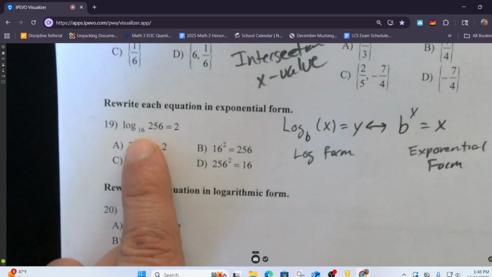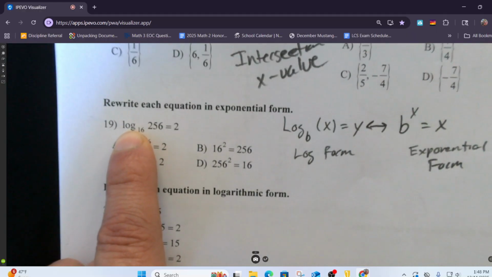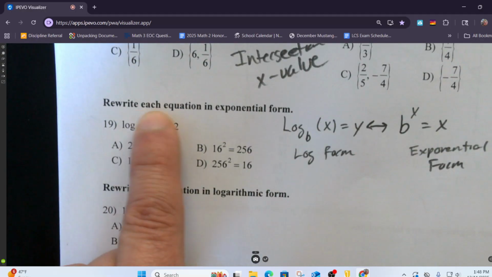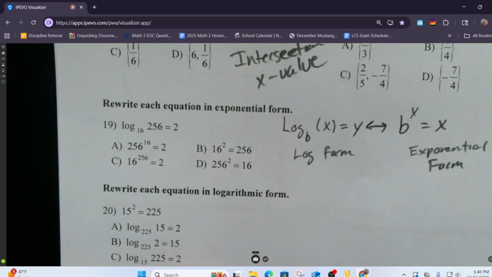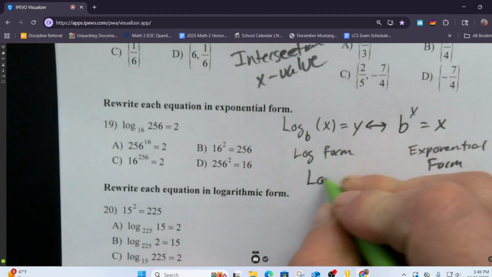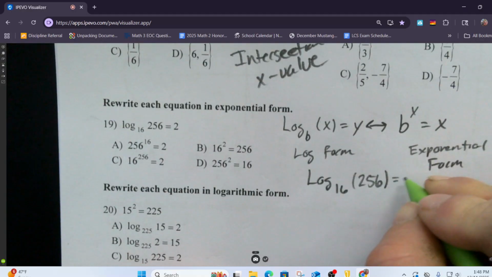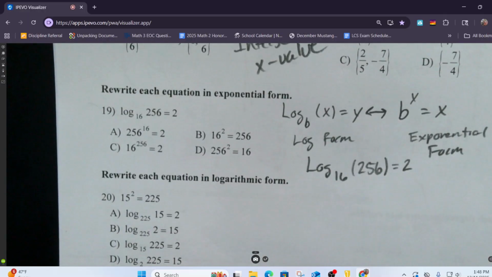So guys, it's not hard. If you've got a log here, you know you're in log form. That's kind of common sense. Now, you're going to write the log in exponential form. So if I have this, all I'm doing is writing that in exponential form.